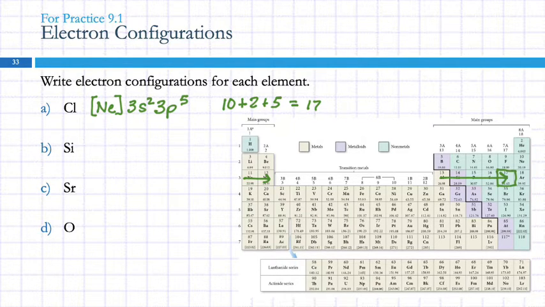So if you were given an electron configuration, you could find 3p5 on the periodic table and say, oh, it's chlorine. Or you could add up the number of electrons and identify it that way. Let's do silicon.